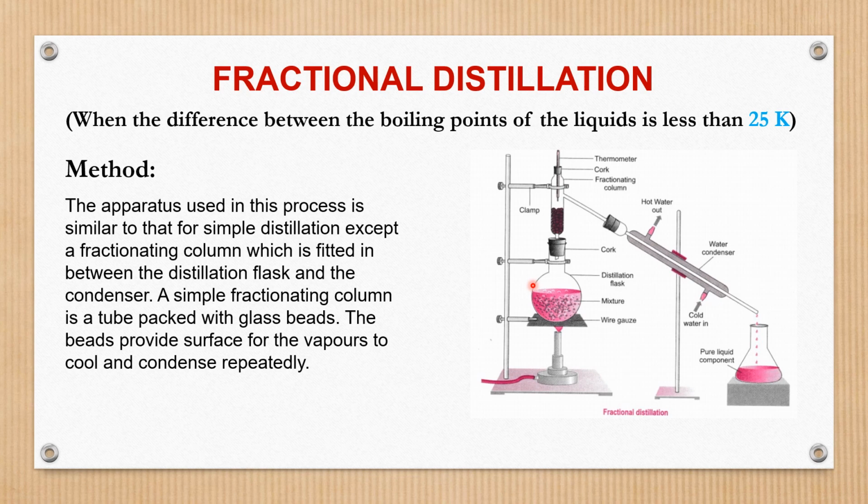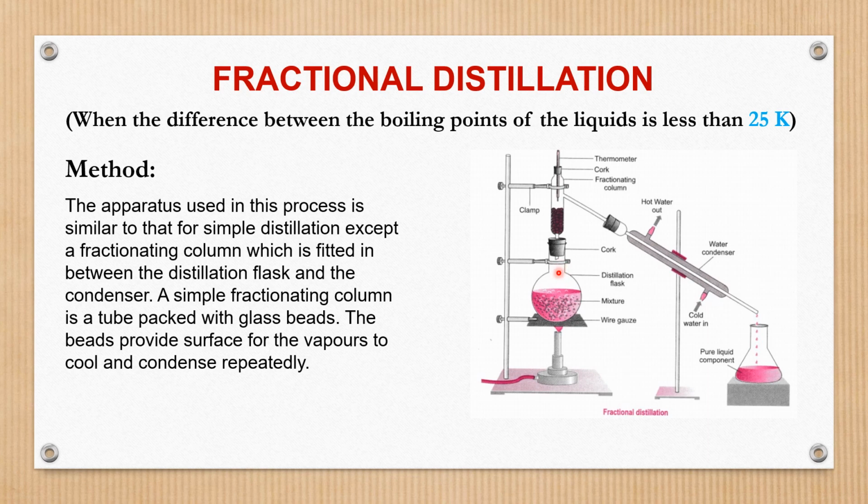We already said that we apply fractional distillation because the miscible liquids have a boiling point difference of less than 25 Kelvin. I will give one example. If we take a mixture of three liquids, we can name them A, B and C. When we boil, A comes first, because A's boiling point is reached first.